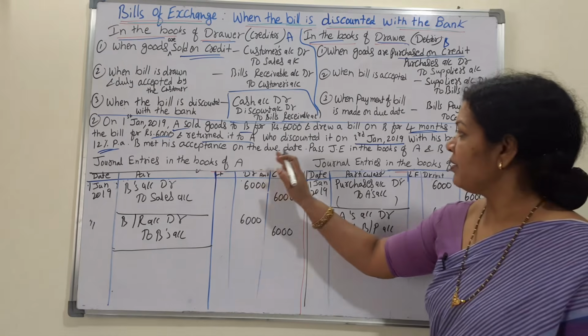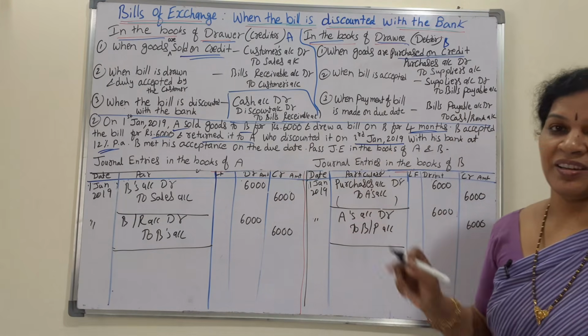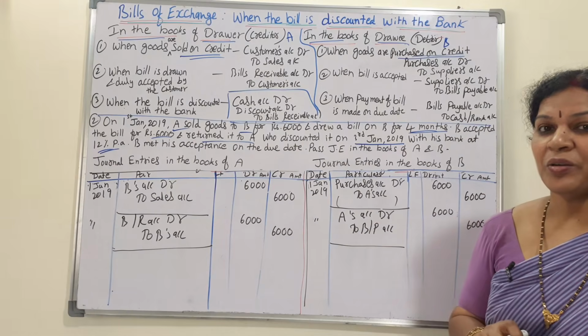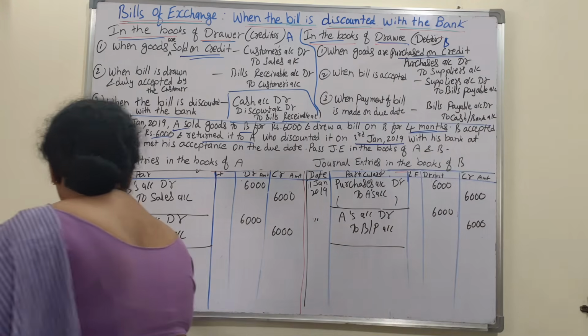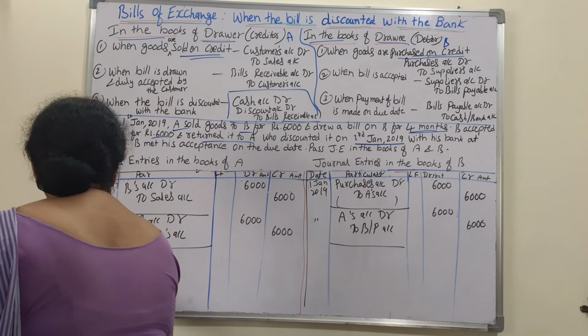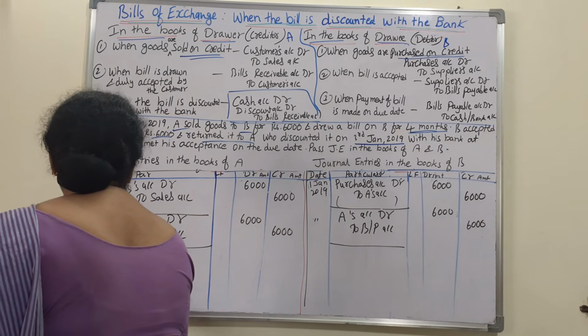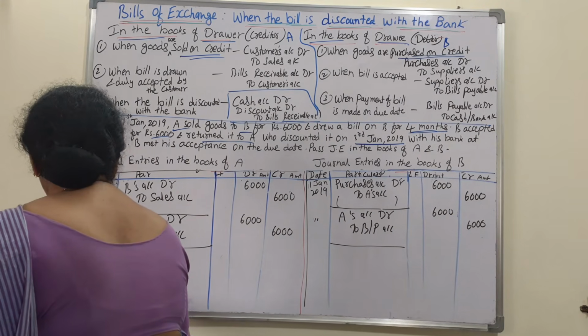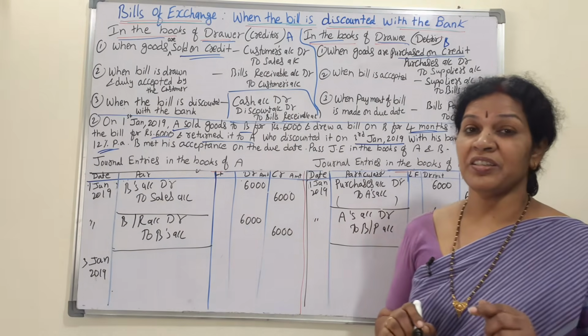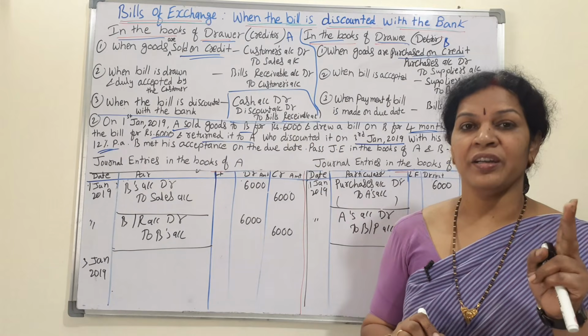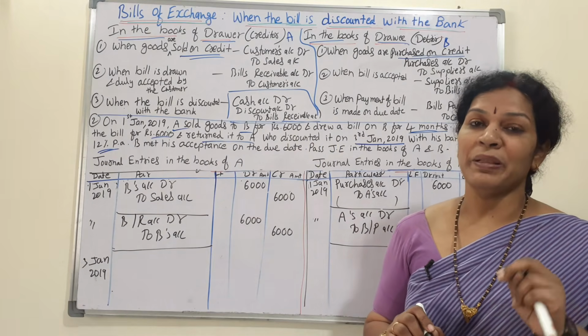Then after that, discounted this bill. A discounted this bill on 3rd January. So we'll take it on 3rd January only, 3rd January 2019. When a bill is discounted, what is the entry? Cash account debit, discount account debit to bills receivable.